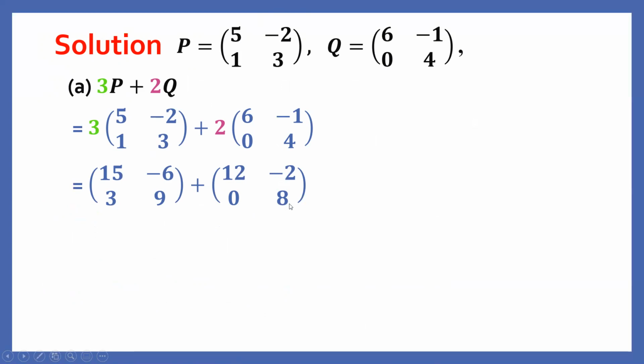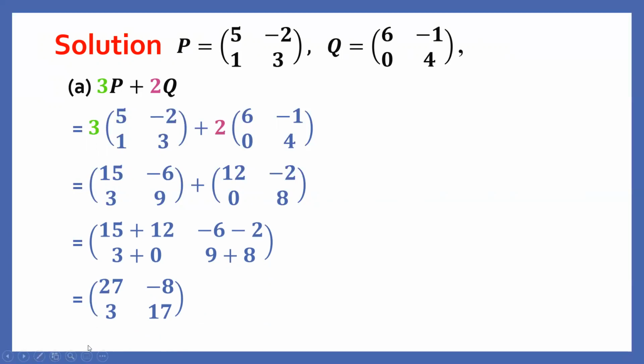So, as mentioned earlier, we have 2 by 2 matrices. This means that addition is possible. I add the corresponding elements and I get 27, minus 8, 3, and 17. Part B now. Half Q minus 2P.